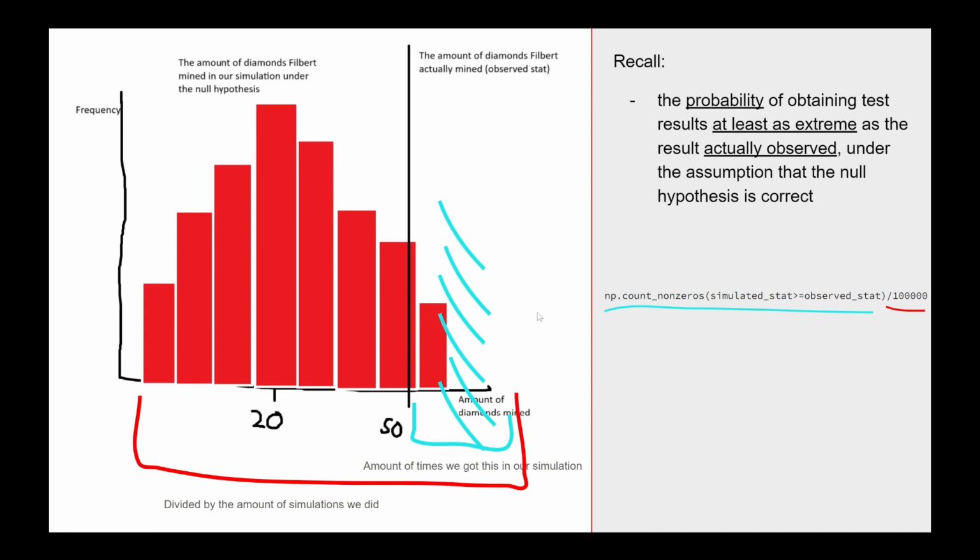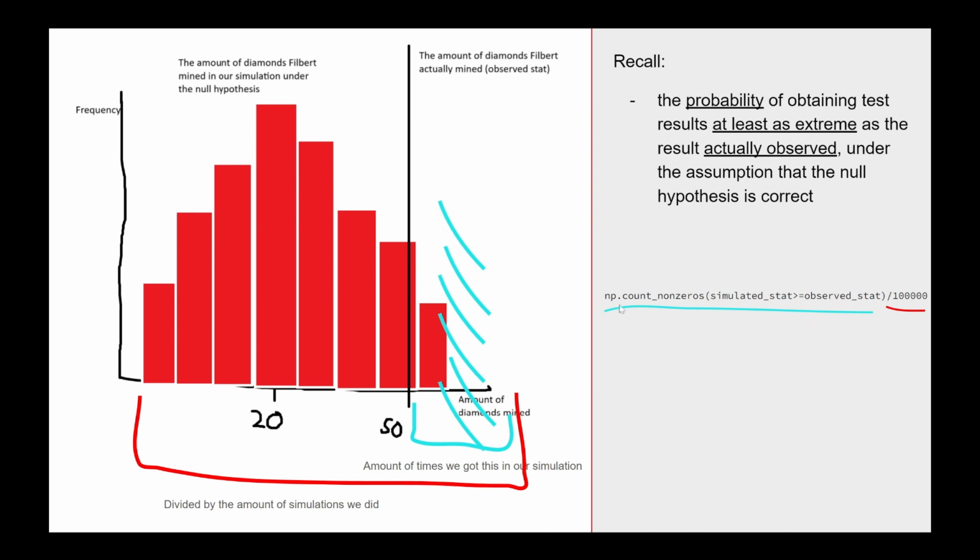And by doing that, we get the probability of us getting more than 50 diamonds in our simulations. So that's where np.count of simulated stat more than observed stat comes in. That's the blue shaded region here.